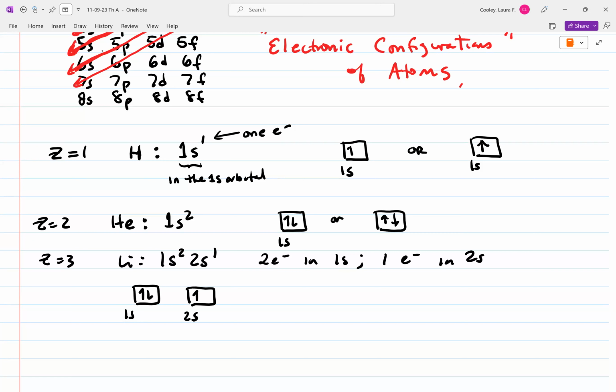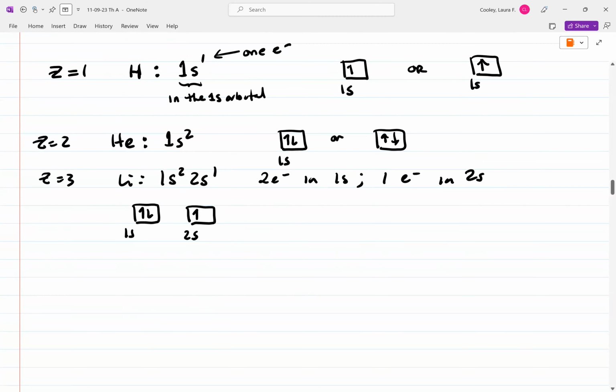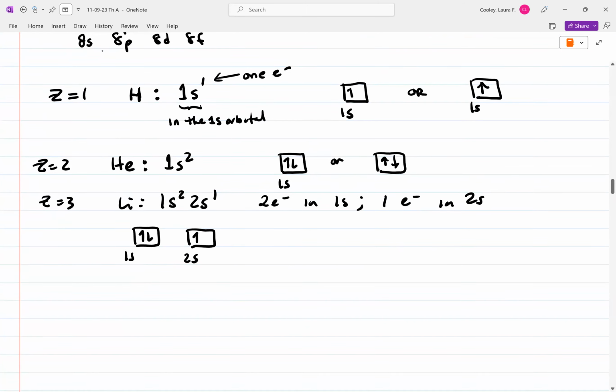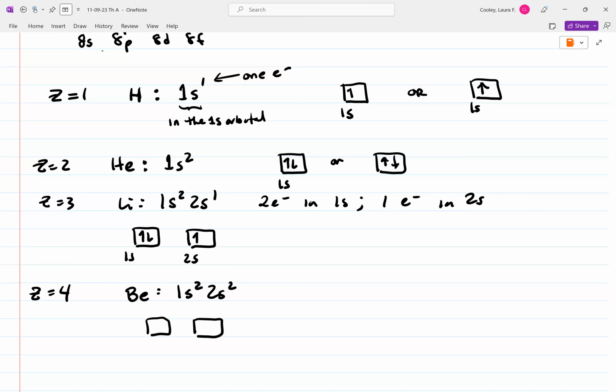I'm going to do one more, and then I'm going to let you do some. You have to find this handout when the time comes. I gave it out a while ago. So this is beryllium: 1s2, 2s2. And of course, the box forms would be very similar.